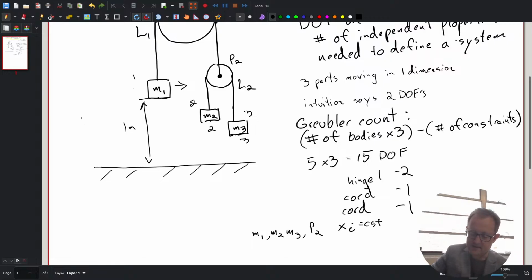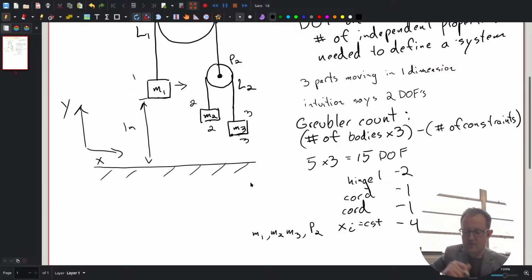Xi is constant, and then we'll use this global coordinate system like this. So xi is constant, so -4. So now we're down to 15, 13, 12, 11, down to 7.